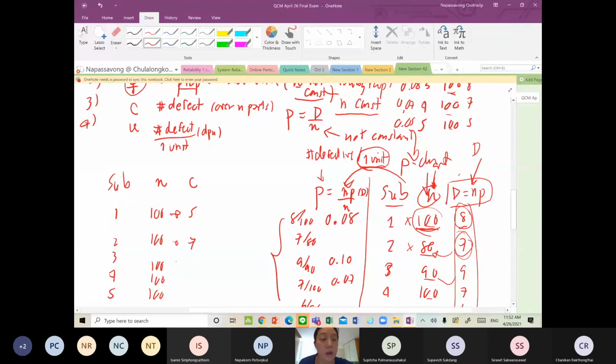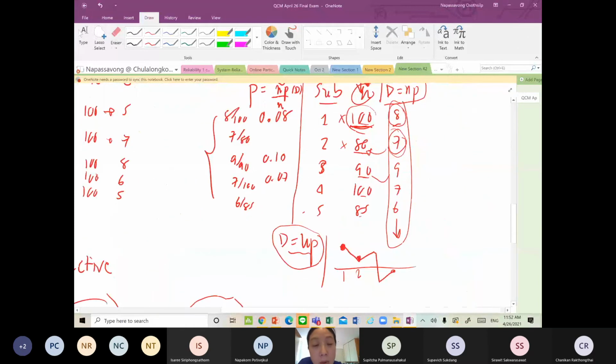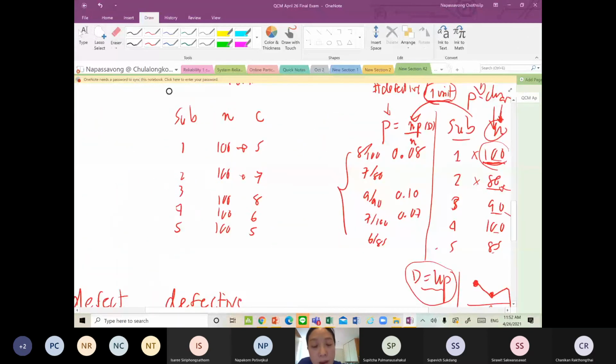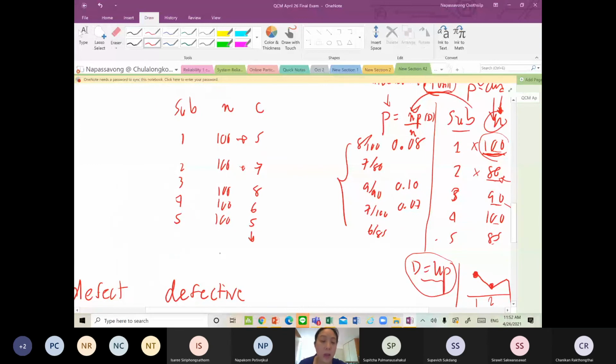When the sample size is constant, you can plot and see the number of defects over time, because it's fair to compare based on the same number of parts.